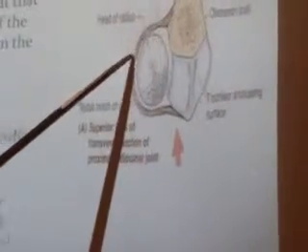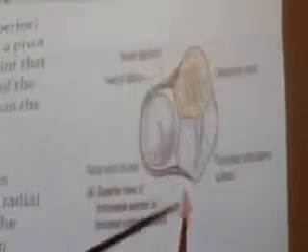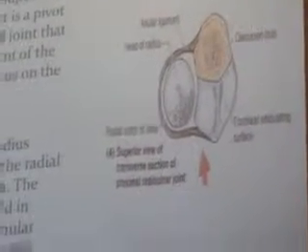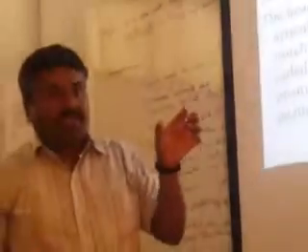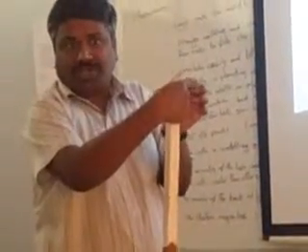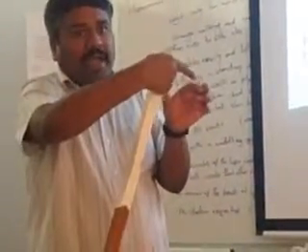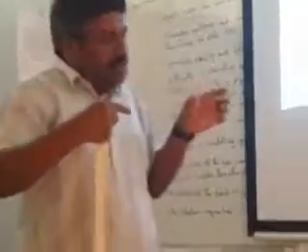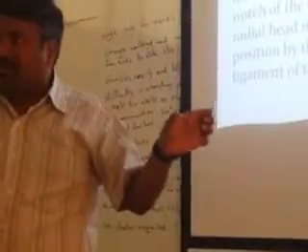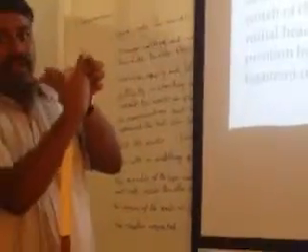This ligament is called the annular ligament, because it goes around the head of the radius. Like this, the U-shaped ligament is attached on the anterior lip and the posterior lip of the radial notch. That is the annular ligament which holds the head of the radius to the ulna, and in that ring only the head rotates.